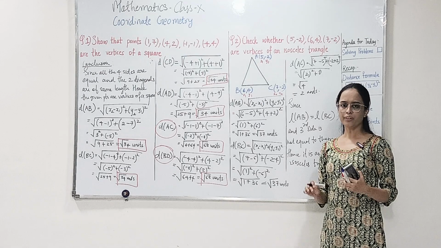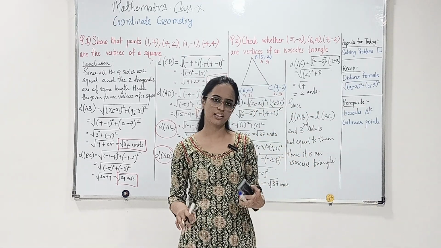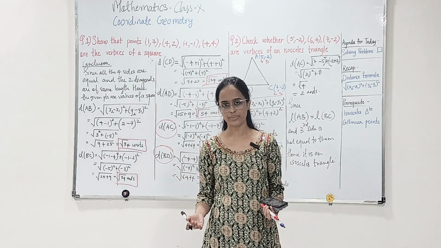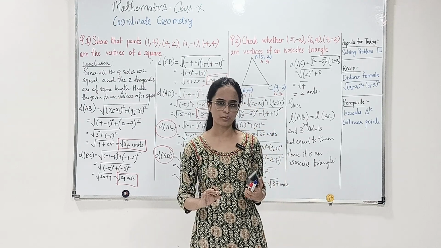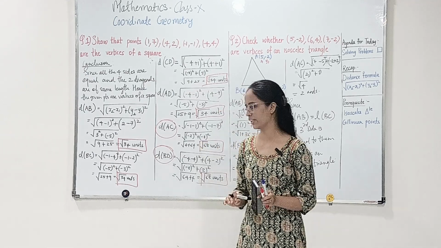Basically, you have to conclude that since two sides are of the same length and the third one is of a different length, hence it is an isosceles triangle. Okay, you can write it in your own manner until and unless it is mathematically correct and even grammatically correct.